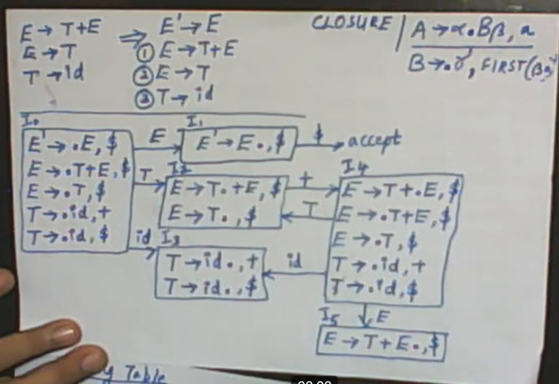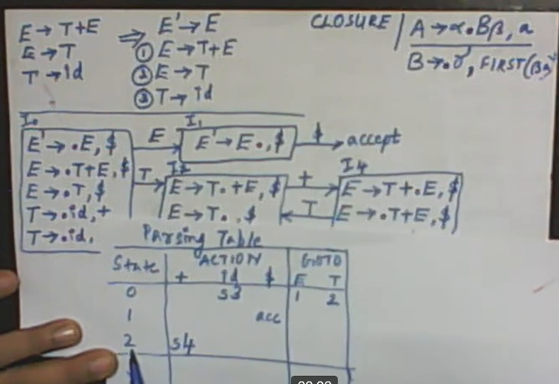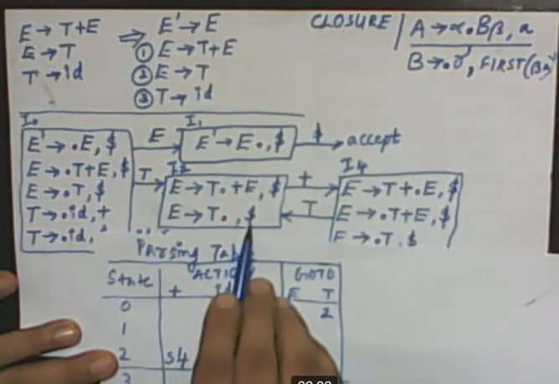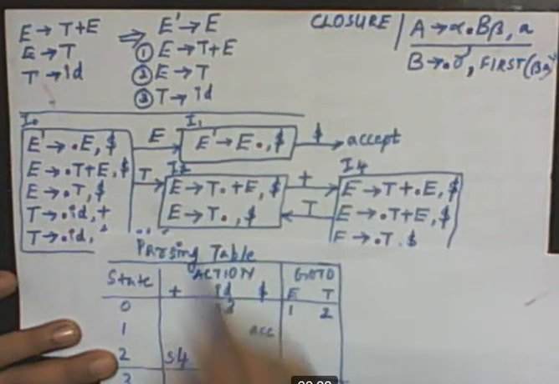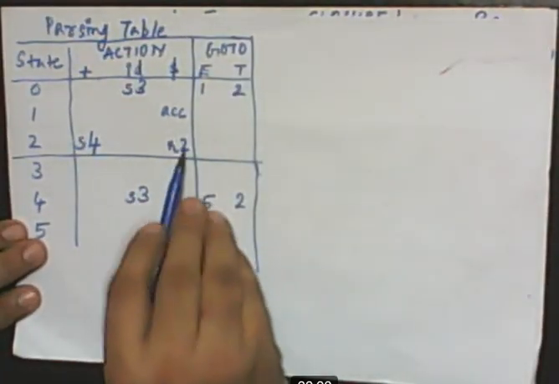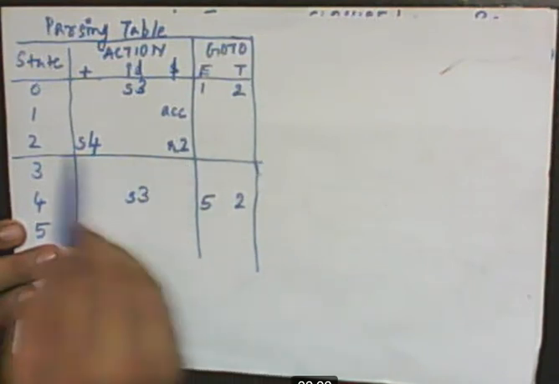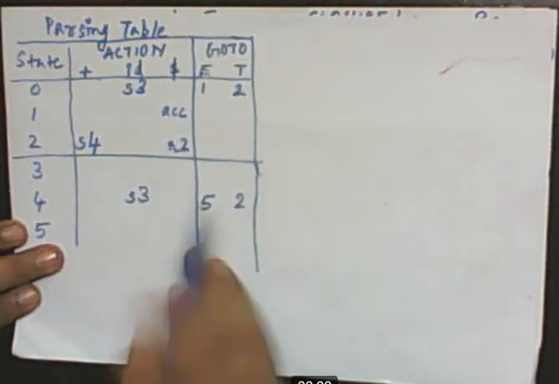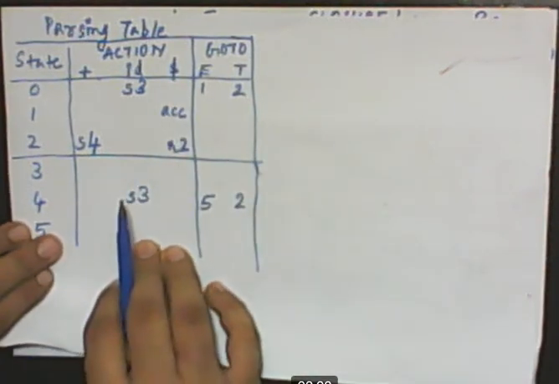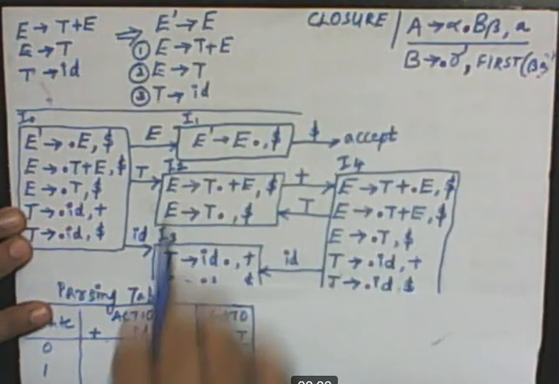So here R2 will be filled. In LR0 and SLR you would have put the reduction operation across the whole row, but here it is only for the lookahead of the LR1 item that you are filling this reduction operation. Okay, so for I2 you have done this.